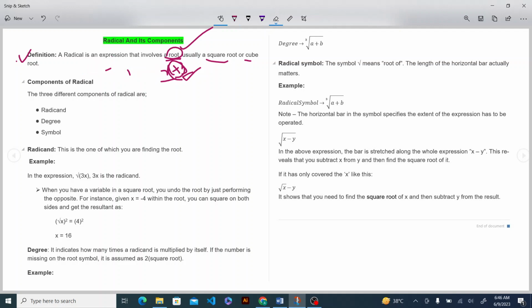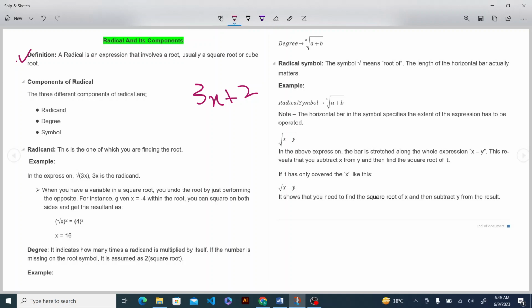See, let me try to explain it in a better manner. The definition says that it is an expression like 3x plus 2. This is an expression, okay?